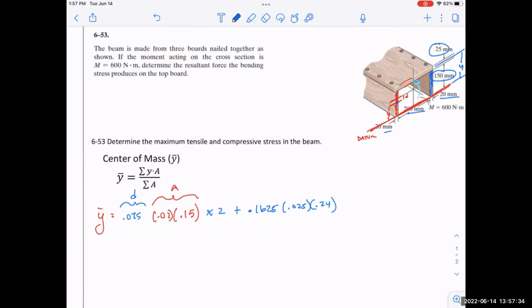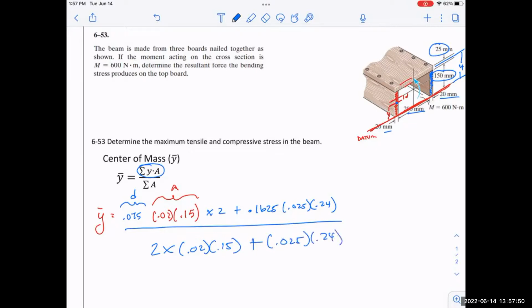Now that's just the top of this. On the bottom, I've got to divide all of that by just the areas. So I have 2 of those 0.02 times 0.15s, and I have 1 of these 0.025s by 0.24s. Agree with that?